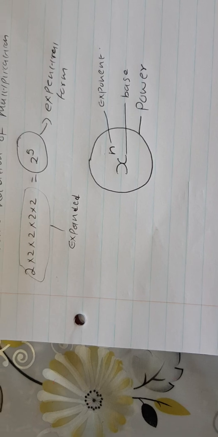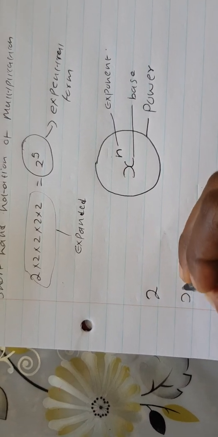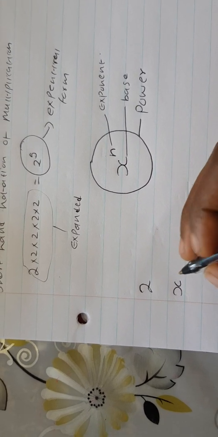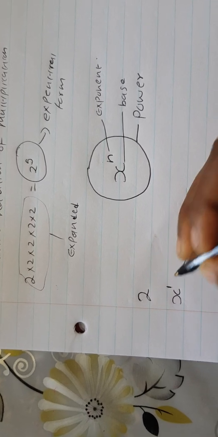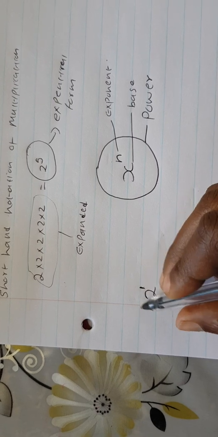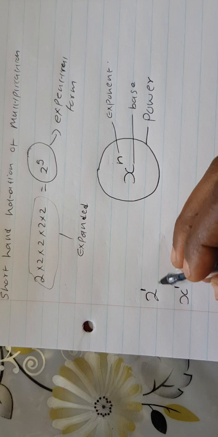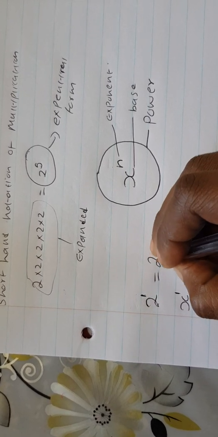So guys, I want you to know that every number and every variable is a power. It is a power because you have got the power to write an exponent there. So when you have written an exponent of 1, that simply means this 2 must multiply itself once, which will just be 2.